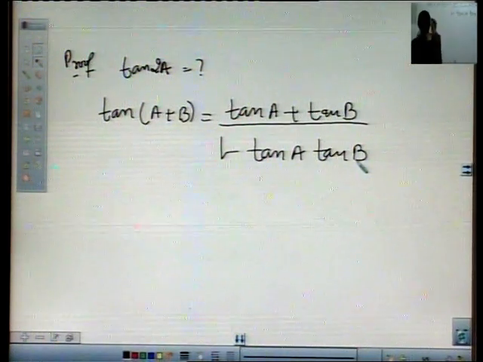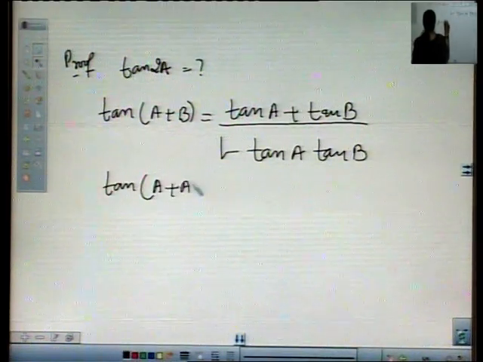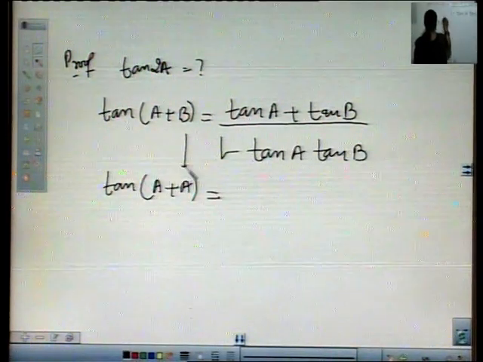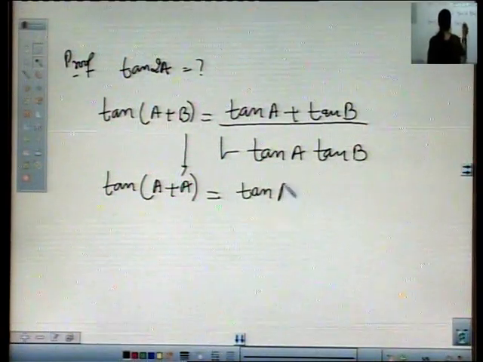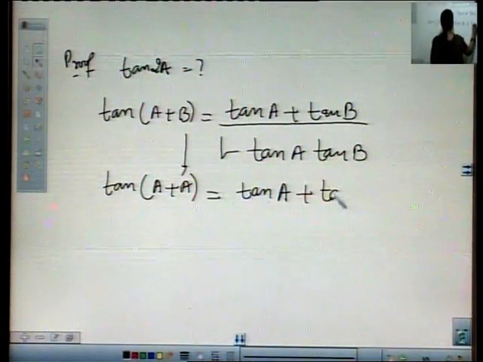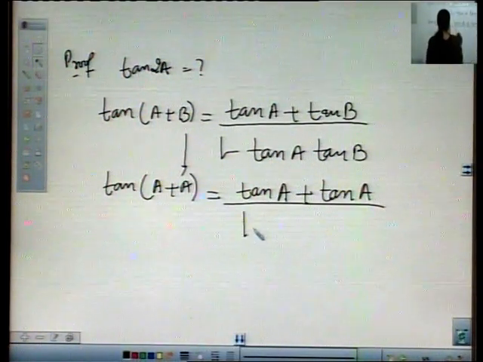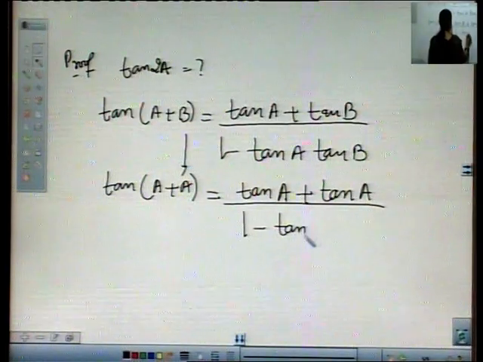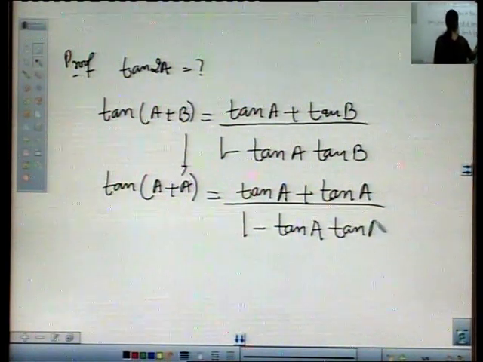And similarly, we will put a instead of b, and we get tan a plus tan a upon 1 minus tan a tan a.